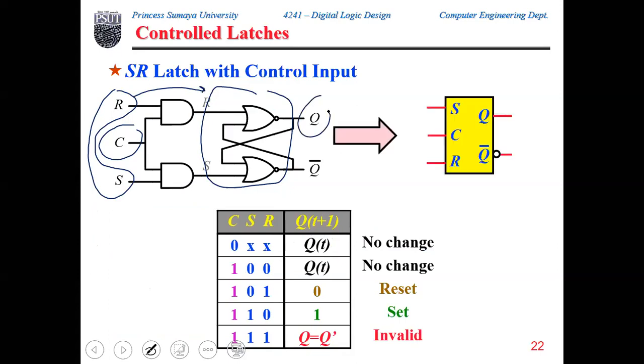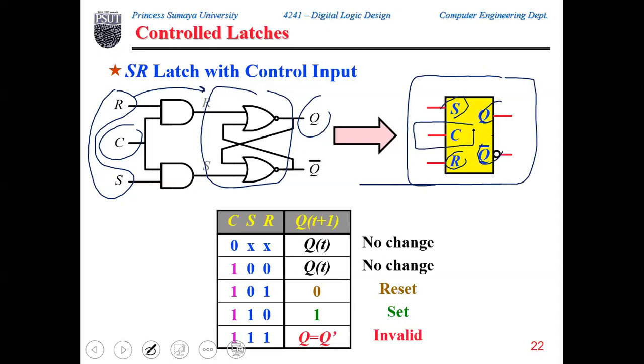Okay, so this is the block diagram of the clocked SR latch, where we have the set input, the R input, the Q bar, nothing new, but now we have an additional input, which is the C input, which controls when S and R affect the stored value.